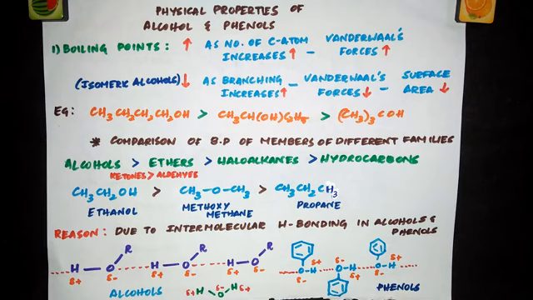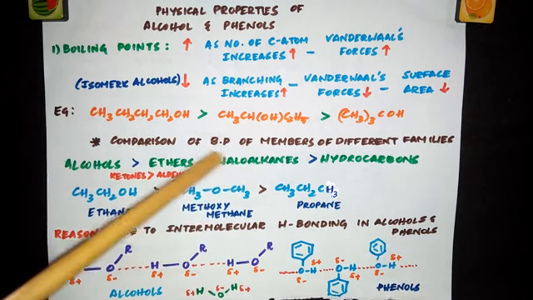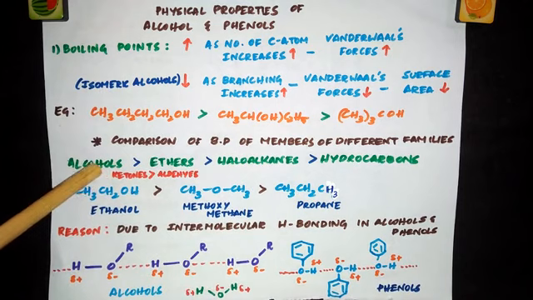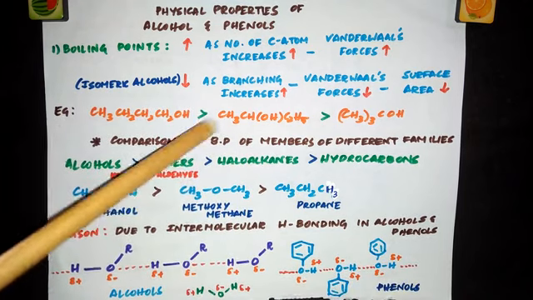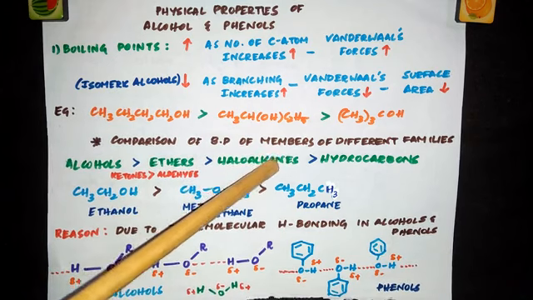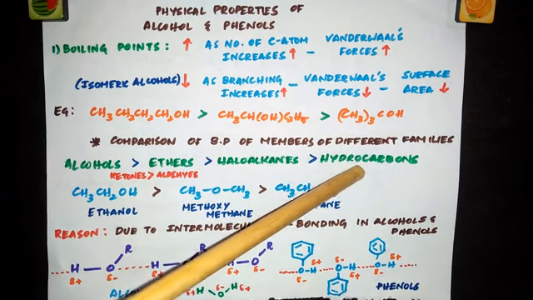Even though the molecular masses of these compounds and alcohols and phenols are similar, alcohols and phenols will still have higher boiling points. When you compare alcohols, ethers, haloalkanes and hydrocarbons, alcohols have higher boiling points than ethers. Ethers have higher boiling points than haloalkanes. Haloalkanes have higher boiling points than hydrocarbons.